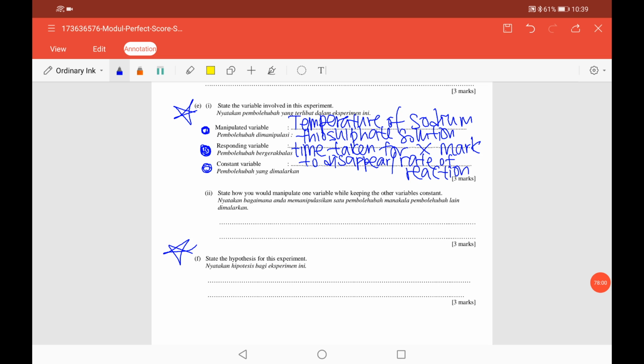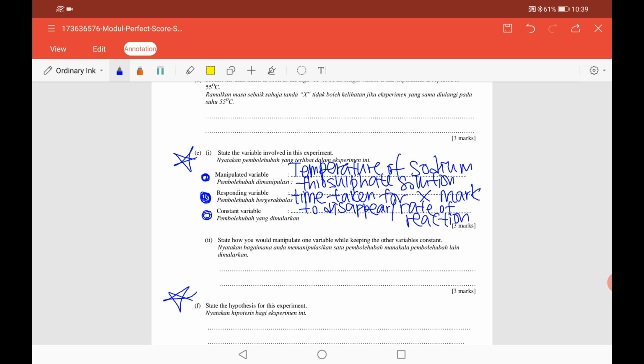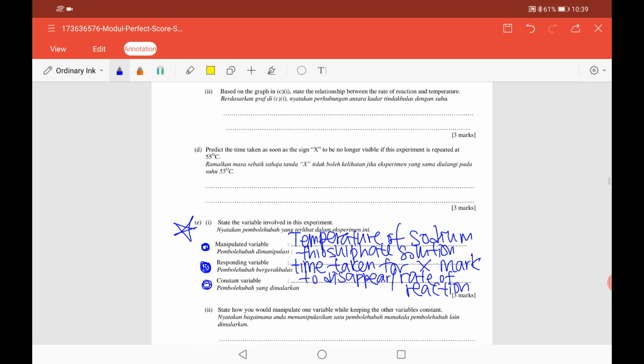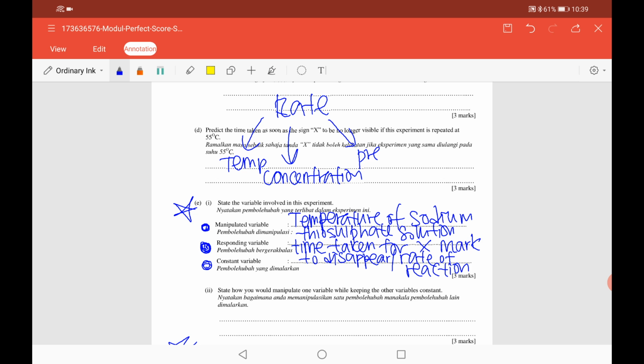Okay, so next one, constant variable. A constant variable must be something that can potentially affect the result that you need to fix. The main purpose of this experiment is to study the rate of reaction. We learned in your Form 5 Chapter 1 that rate is affected by 5 factors: temperature, concentration, pressure, size of particle, and also catalyst.